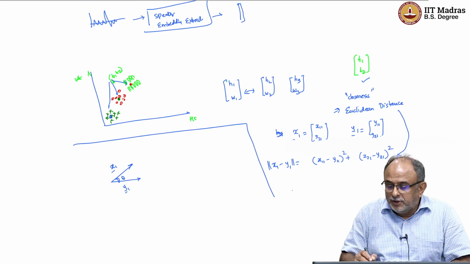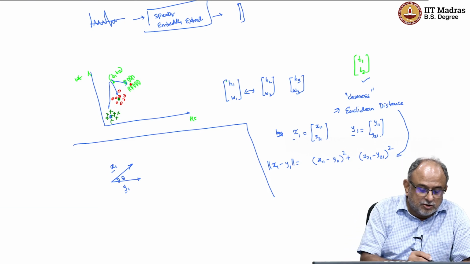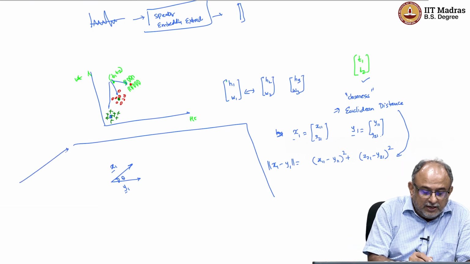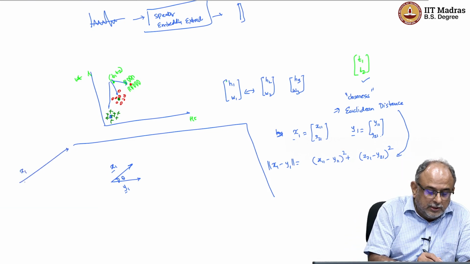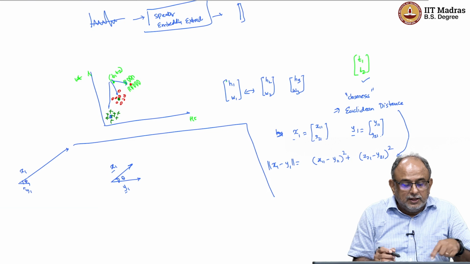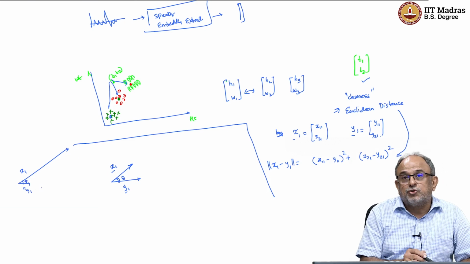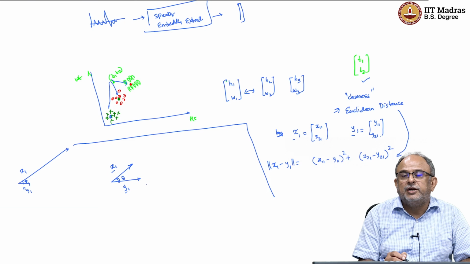Whereas in the angle, for example, if I have x1 so large and y1 so small, even though the angle between them is similar, the Euclidean distance for the left one is going to be big when compared to the Euclidean distance for the right combination.